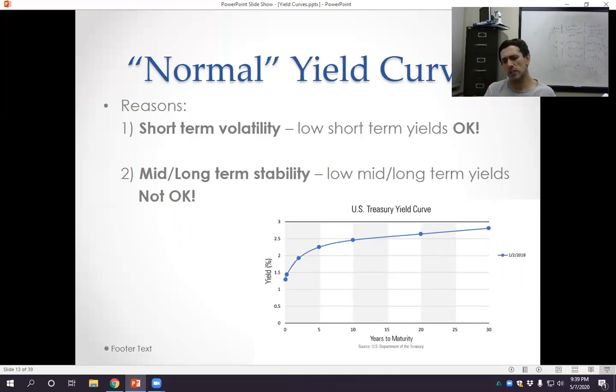And I should mention that the Fed, the Federal Reserve, is largely able to control short-term interest rates, whereas the Fed largely lets the market determine long-term interest rates. And when I say interest rates, I really mean yield rates. So when you hear the Fed cut interest rates, it really means the Fed cut short-term interest rates.